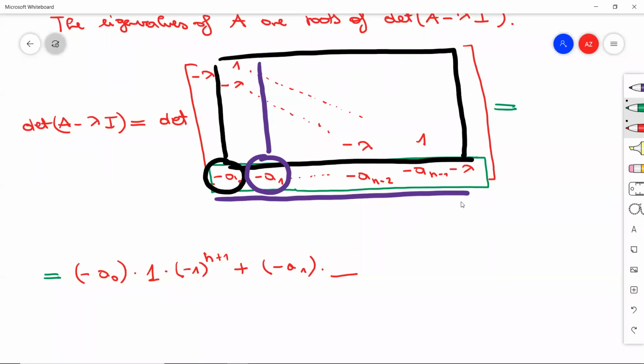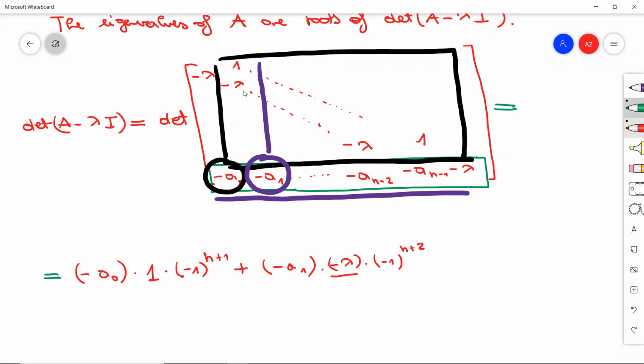Sorry, minus lambda. Yeah. It's again lower diagonal, and here we have minus lambda and then ones on the diagonal, so minus lambda times -1 to n plus 2, because -a1 is in the nth row and second column. And we proceed in this way.